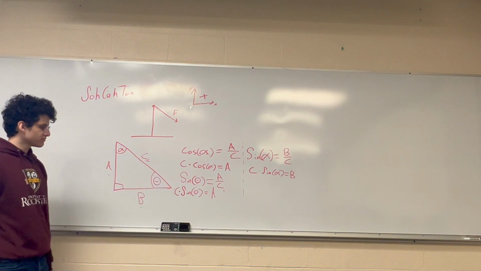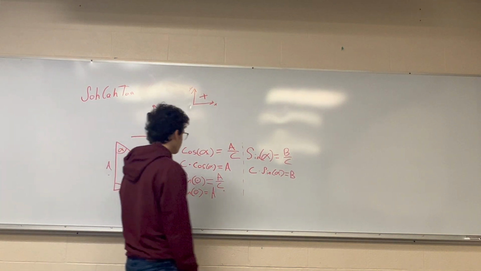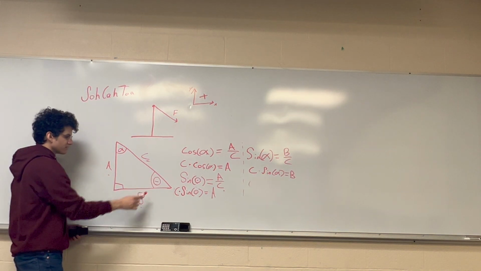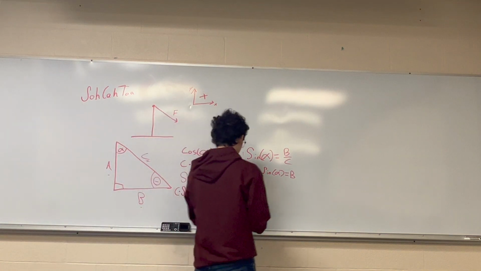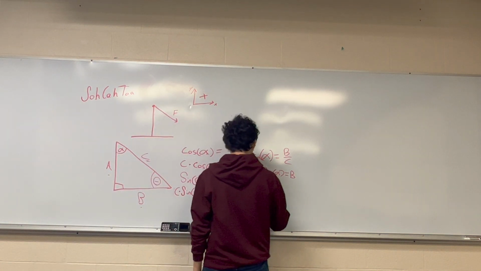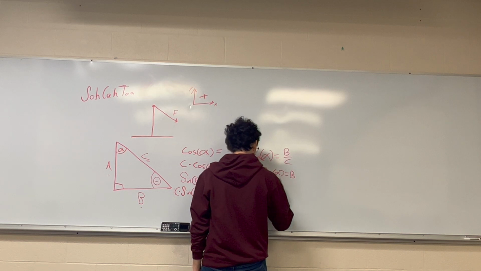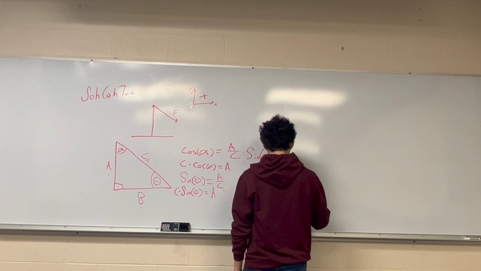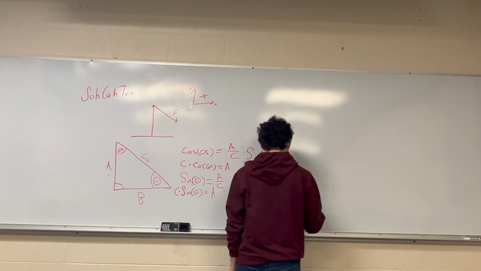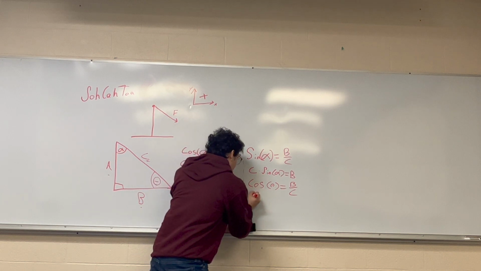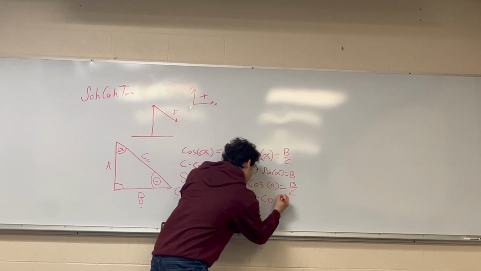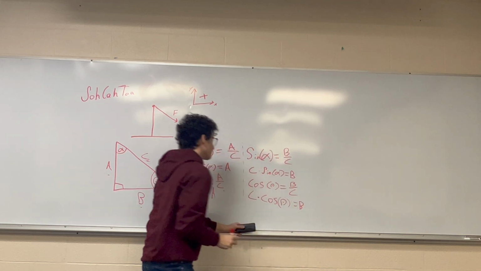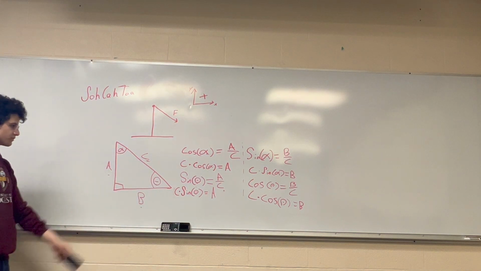C times sine theta equals A. And we can do the same thing with theta to find B. B is adjacent to theta. So cosine theta is equal to the adjacent over the hypotenuse, or B over C, and we can rewrite that again as C times the cosine of theta equals B. Okay? So this is just kind of like a trig review.